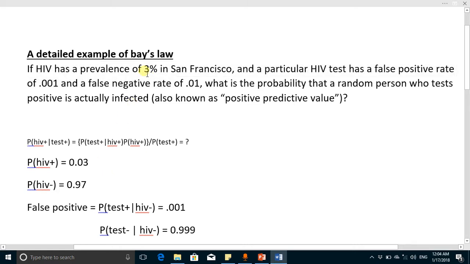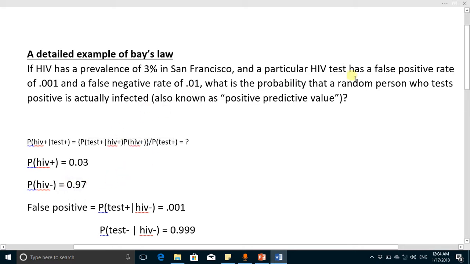The probability of HIV infection in that city is 3%, and it means 3 in the 100, so it will become 0.03. This is the probability of having HIV infection, 0.03, and the probability of not having infection will be 1 minus 0.03, and it will become 0.97.